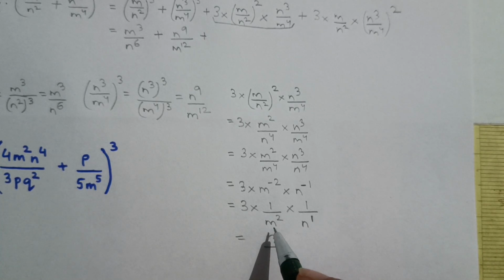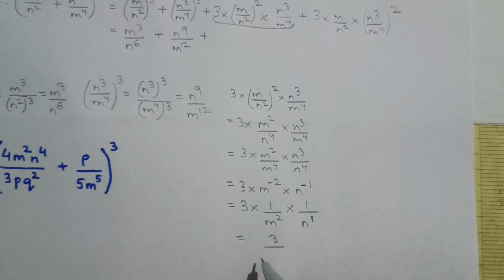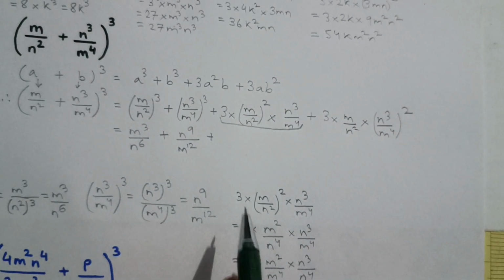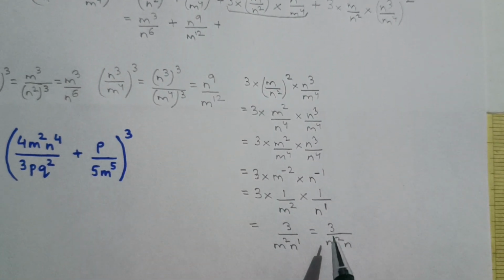And the denominator will be m square into n to the power 1. Or you can simply write it as 3 upon m square n. So when we solve this expression, we get 3 upon m square n.